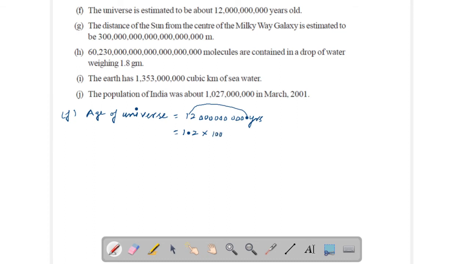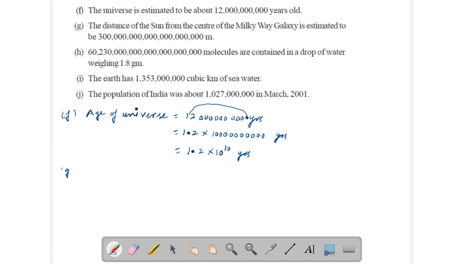And this can be written as 1.2 into 10 raised to the power 10 years. This is your answer. Now come to G part.